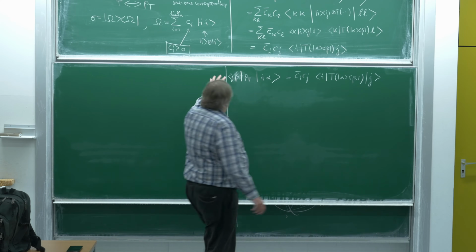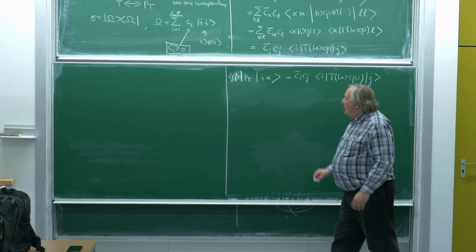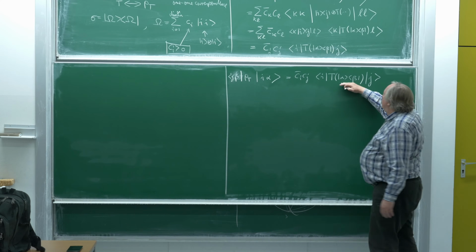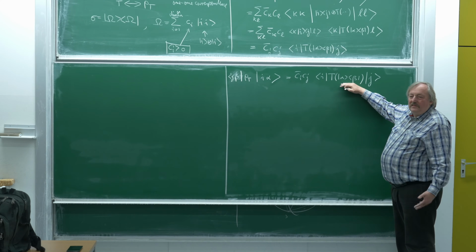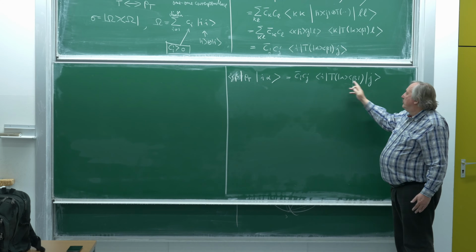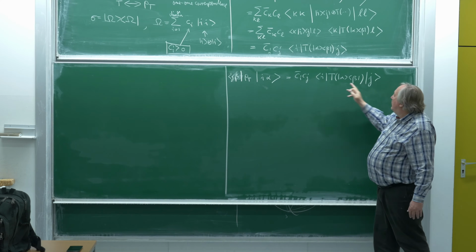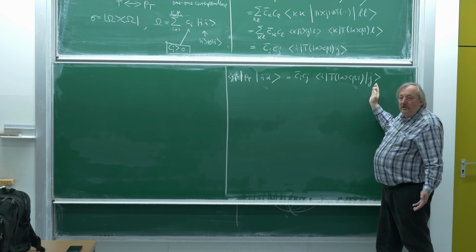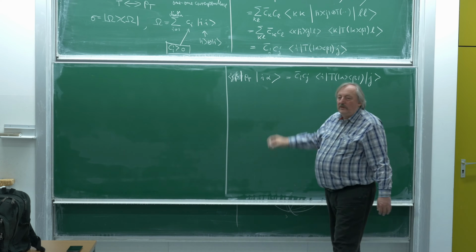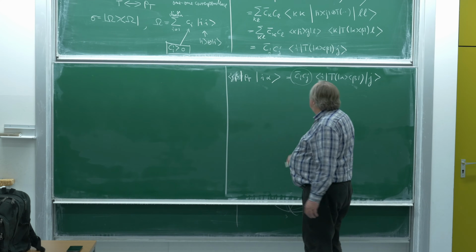So when i and j run over whatever they have to run over, and alpha and beta do the same, then I get all the matrix elements of rho_T, complete information about rho_T, and here I get all the matrix elements of T. That is, I can compute from that what happens to an arbitrary operator by expanding in alpha and beta, and the result I get expanded in the ij basis. So this shows the one-to-one correspondence, and all I need for that is that these coefficients don't mess things up.